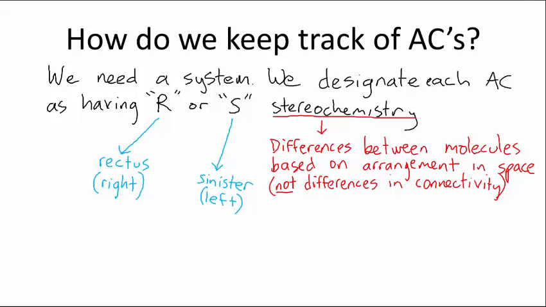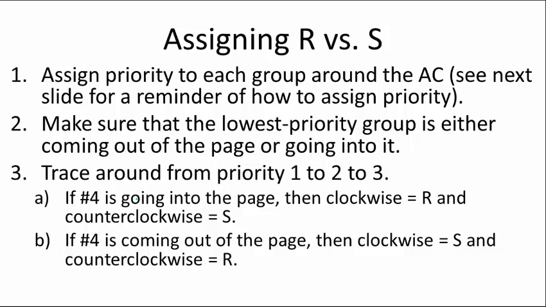So we have a system. And the system is as follows, all right? If you're watching at home, you might want to pause to copy this down. If you're in the room, I don't know that I'm going to wait for you to copy all this down just because it'll take too long. So let's just read it together. First, you have to look at all four groups and assign priority to each group.